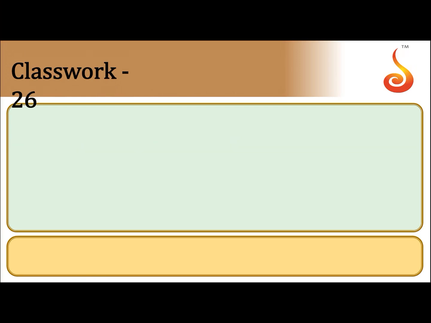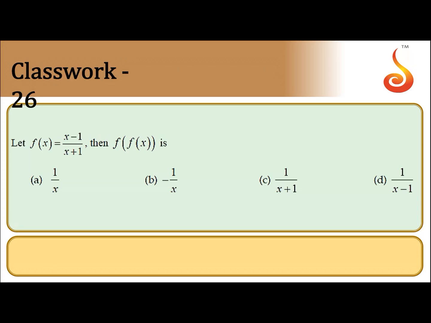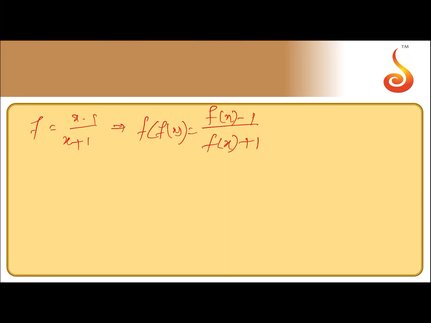Coming to the next one. Let's proceed. f of x is equal to x minus 1 by x plus 1. Then what is f of f of x? So f is equal to x minus 1 by x plus 1. So that implies f of f of x is equal to f of x minus 1 divided by f of x plus 1.